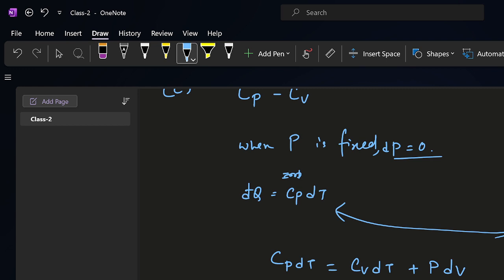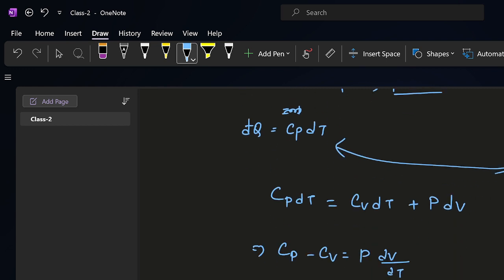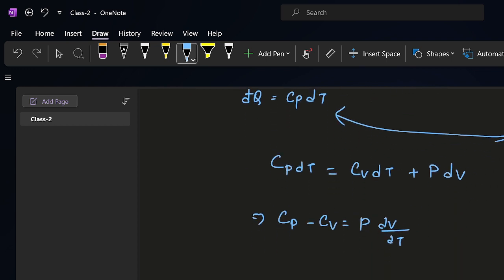dV by dT. Okay, and what is the known expression of dV by dT? You know that is in terms of alpha, that alpha equal to 1 by V dV dT, and here P is constant obviously. So here also P is constant because we already mentioned that the entire process is with P constant.